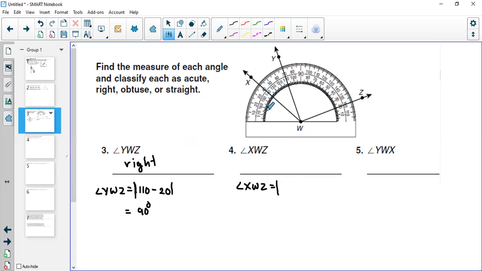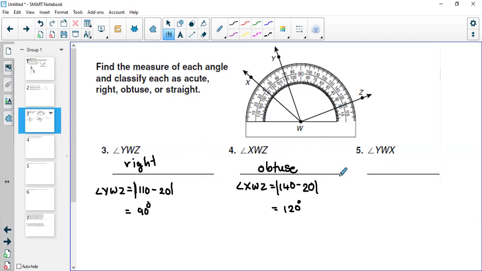One hand is on 140. If you're taking the upper number on one side, you take the upper number on the other side too. And Z is again on 20. So 140 minus 20 is going to give you 120 degrees. So which angle is 120 degrees? Obtuse angle. Okay, so this is right, this is obtuse.